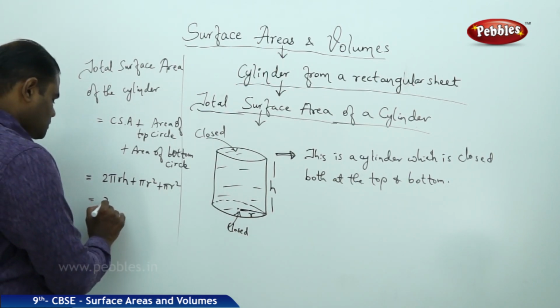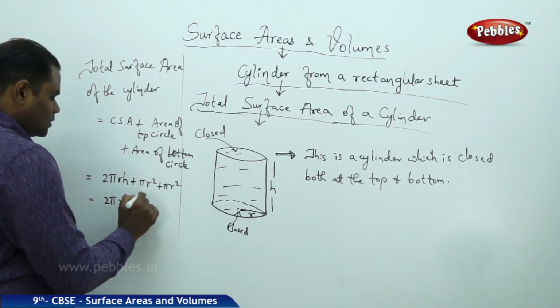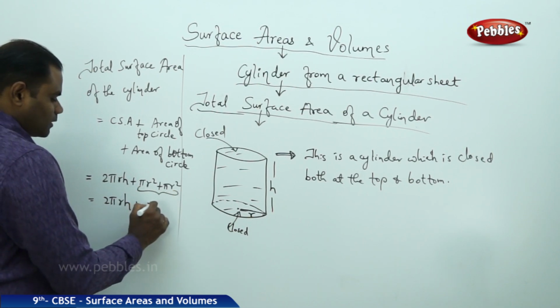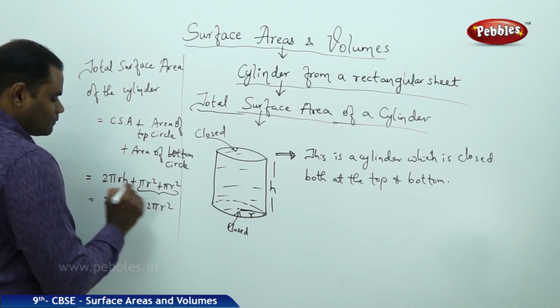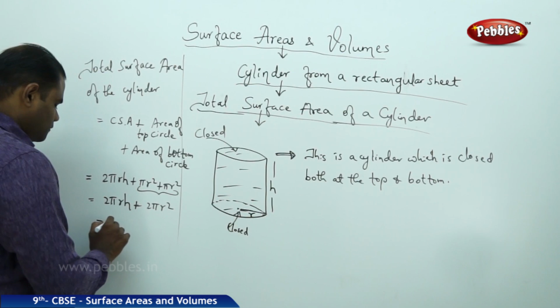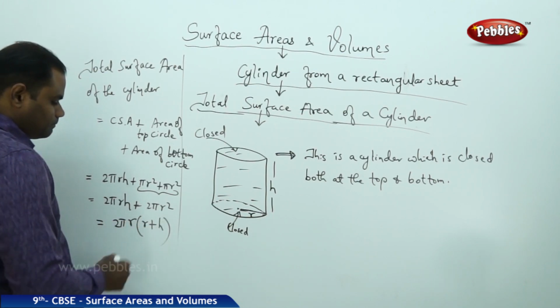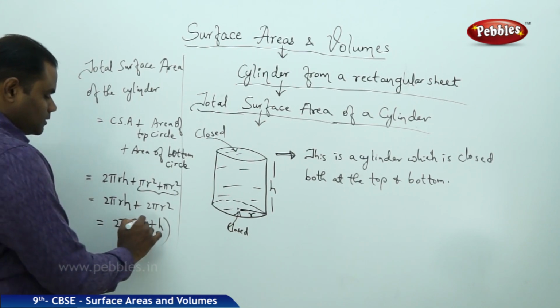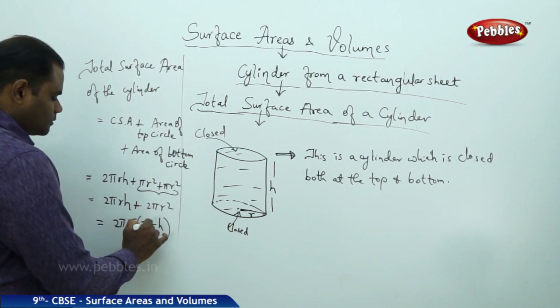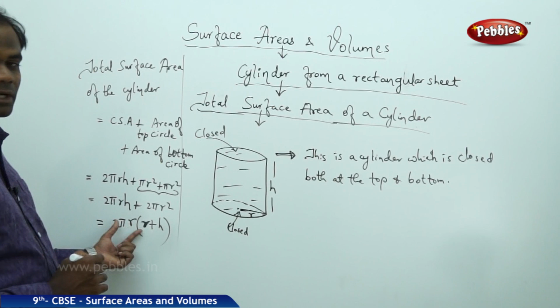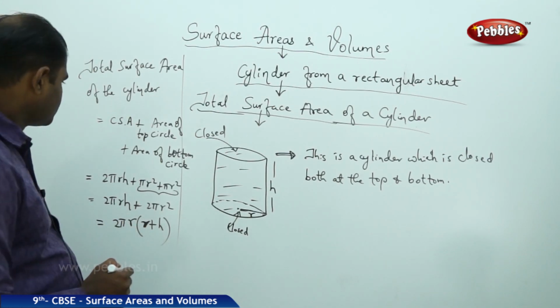So here this can be simplified. Pi r square plus pi r square is 2 pi r square, which can be further simplified by taking 2 pi r common, giving h plus r. Interchanging r and h, I get 2 pi r into r plus h.